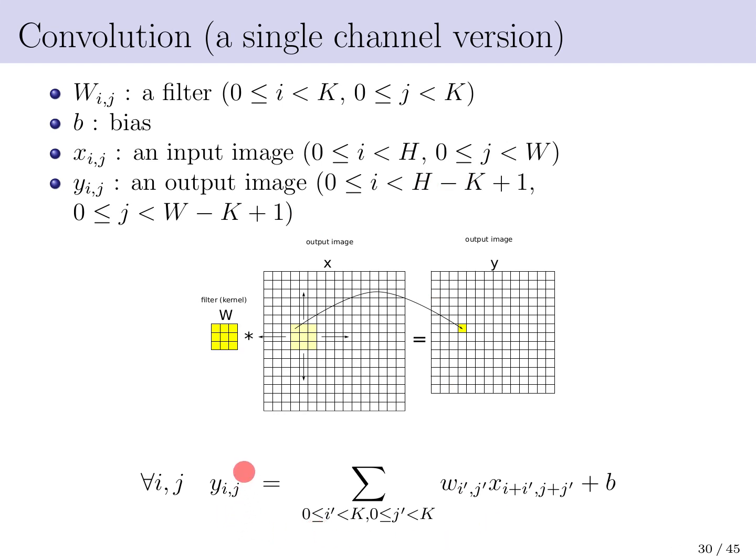The output pixel at position ij is essentially the inner product between W and the corresponding pixels of the input image, like this. But in addition to this convolution, the convolution layer adds something called a bias to each output pixel.